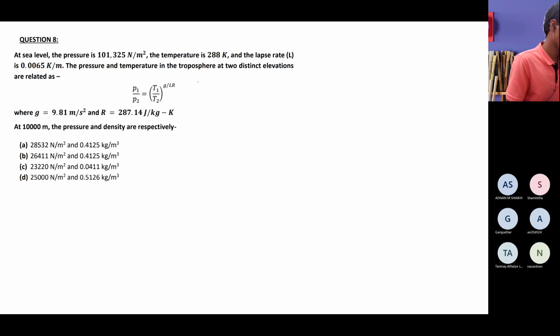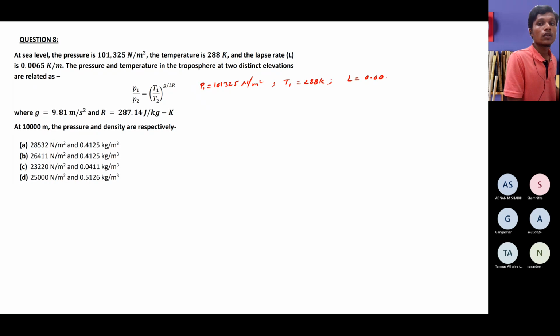Let's start our question. With the given values we have P1 equals 101325 Newton per meter square and T1 equals 288 Kelvin. Your lapse rate L equals 0.0065 Kelvin per meter.